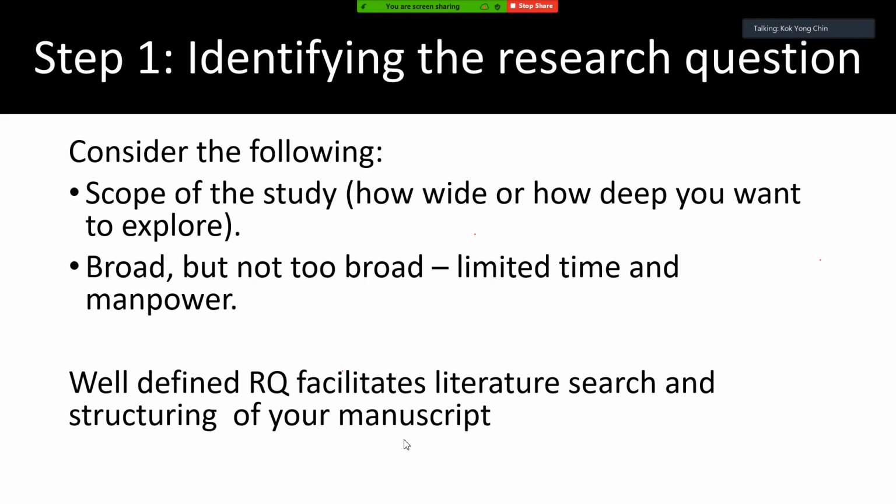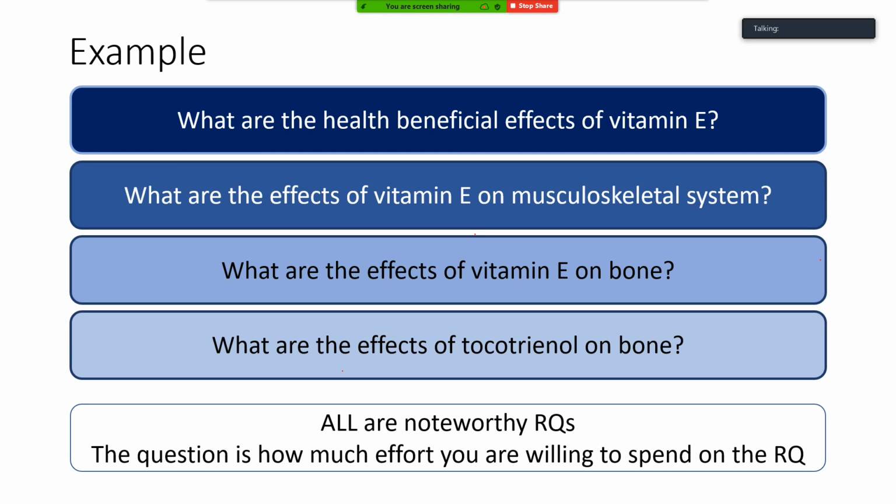Okay, so I'm going to give you a few example titles. These are 4 examples. What are the health beneficial effects of vitamin E? Again, I told you this presentation could be quite narcissistic, so I'm using an example that I'm more familiar with.